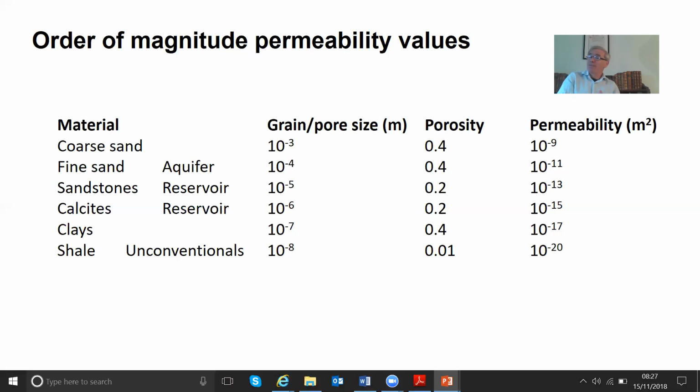But when we come to shales, shale is very fine sediment. The typical pore sizes may be about 10 nanometers. So typically, shale is considered sort of impermeable rock. It's normally what seals in hydrocarbons, stopping them from flowing further upwards to the surface. And their permeability is typically 10 to the minus 20 square meters, or maybe even lower.